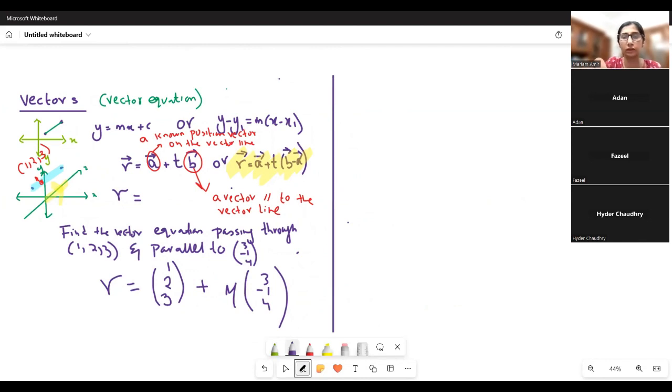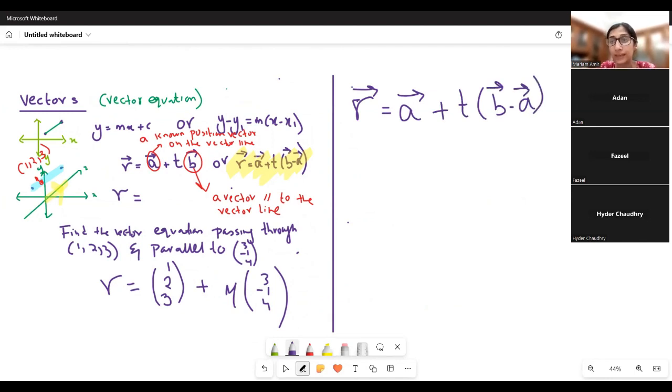Okay, now let's take a look at this equation. R equals A plus T times (B minus A). Now the B is not the same B as before. This B is not a vector parallel to the vector line. A is the same thing.